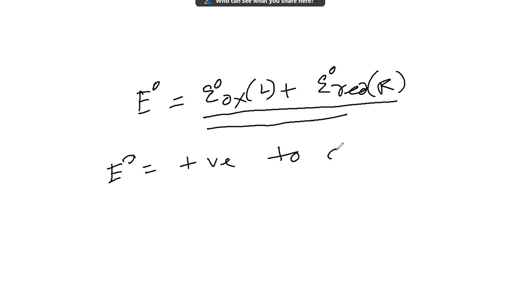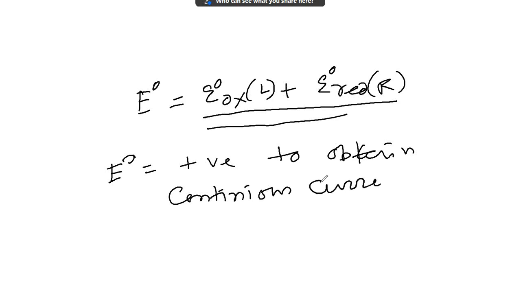To obtain continuous current, E naught must be positive. When E naught is equal to 0, the system is at equilibrium.